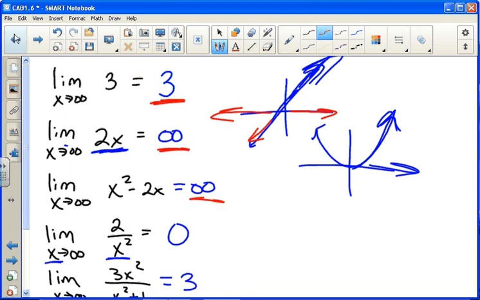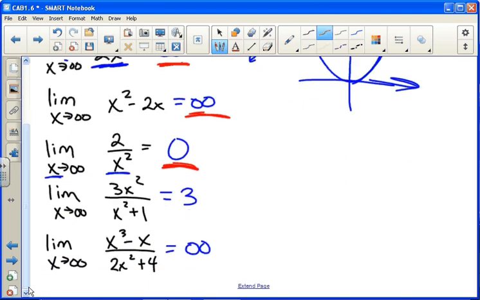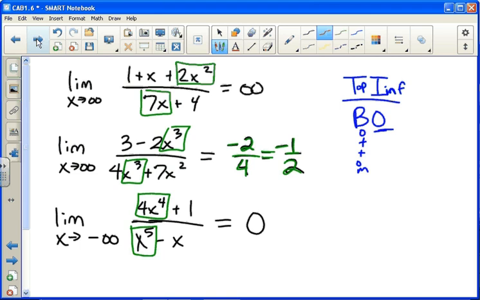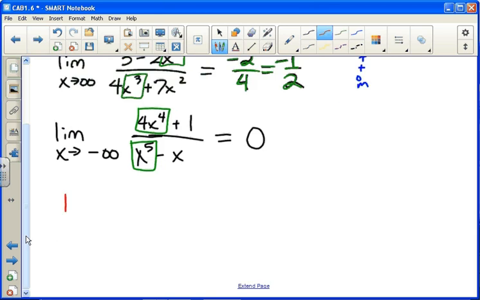My last piece of advice to you is to be careful if the limit is approaching negative infinity. So for example, if I have a question like this. It actually knocks out 2 tricks I can teach you with one example.